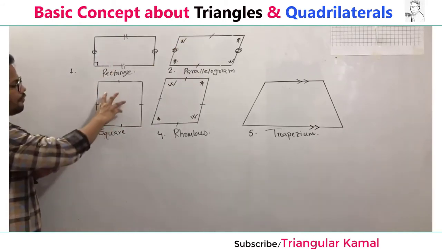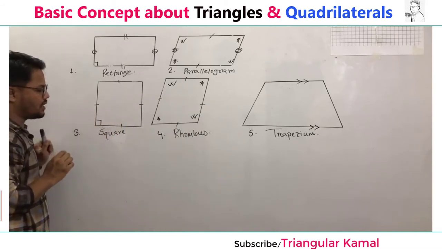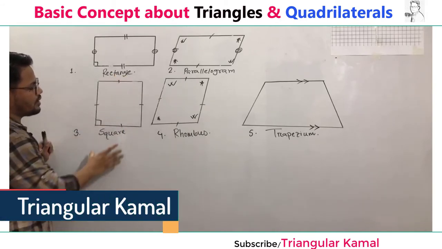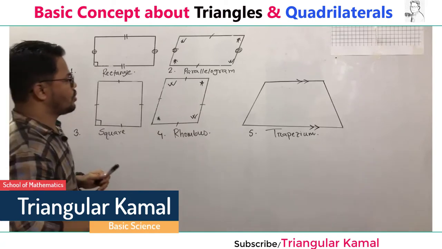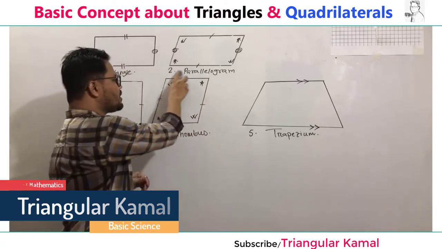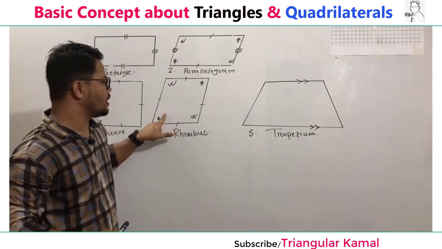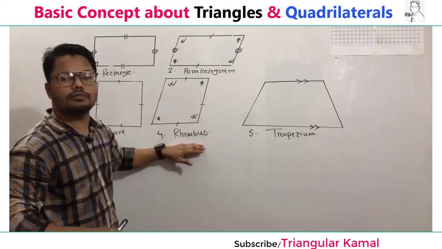When the four sides are equal and each angle is 90 degree, this quadrilateral is known as a square.